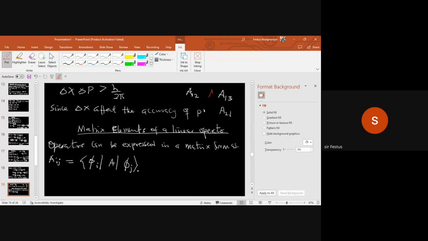Where I, J equals 1 to N. N signifies the number of matrices that you have. So this is how you also write the operators in terms of matrix elements.